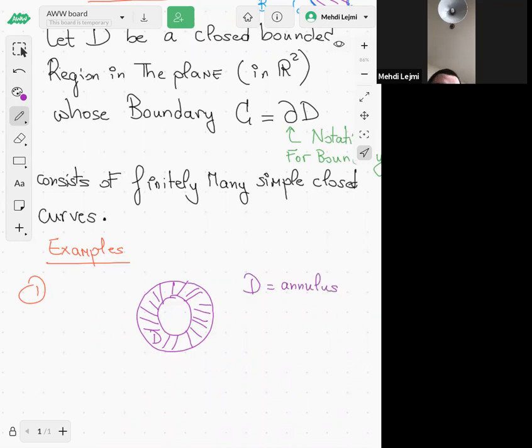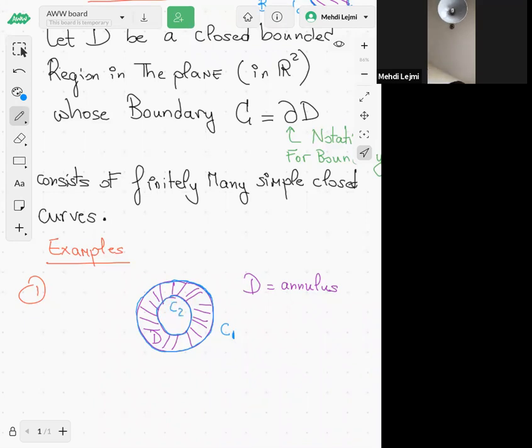It's the region bounded by two circles, right? So in this case, what will be the boundary of this annulus? We're gonna have two curves, not just one. The first boundary is this first circle here, let's call this C1. And there's a second boundary, which is this one here. That's another curve.